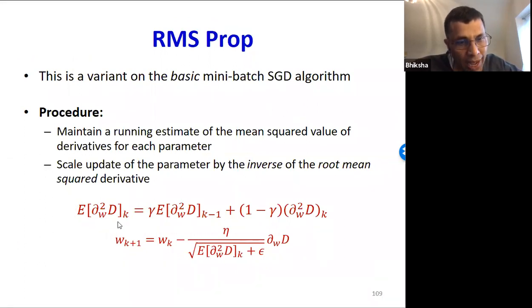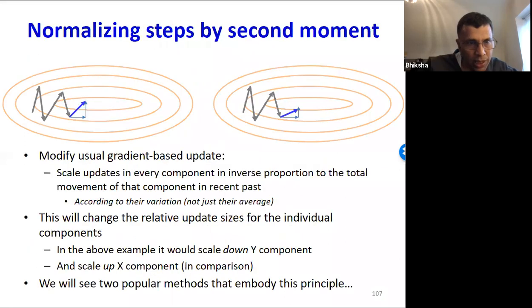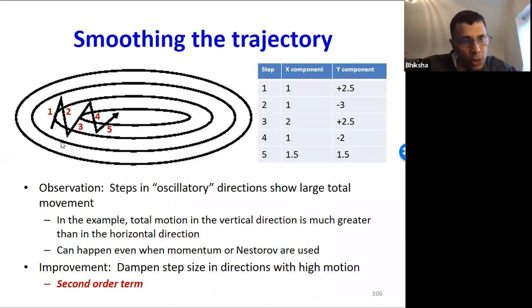We keep track of the square of the derivative, and we maintain an average of the square of the derivative. Now, if you look over here, if I take the average of the square of the derivative, this is going to be 2.5 squared, 6.25, plus 9, plus 6.25, plus 4, plus 2.25, right?